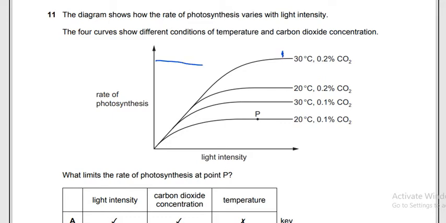They ask what limits the rate of photosynthesis at P. At P, the temperature is 20 degrees Celsius and the carbon dioxide concentration is 0.1. But at the optimum, the temperature is 30 degrees Celsius and the carbon dioxide concentration is 0.2. That is where you have the optimum rate of photosynthesis. So the limiting factor is the factor that is not at its optimum, and obviously that will be carbon dioxide and temperature.